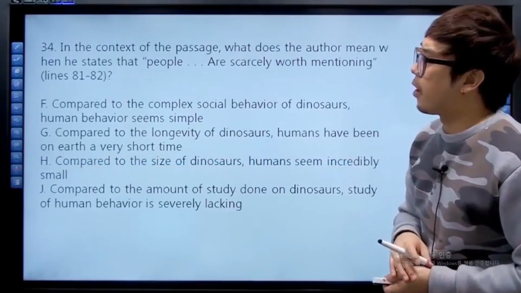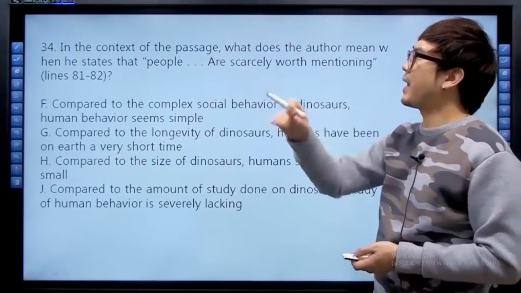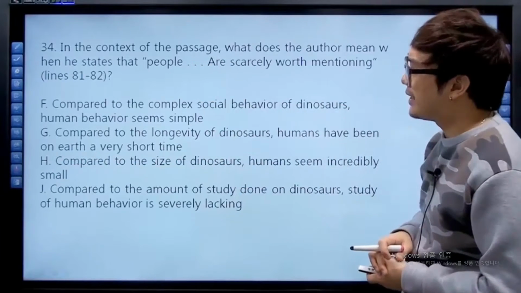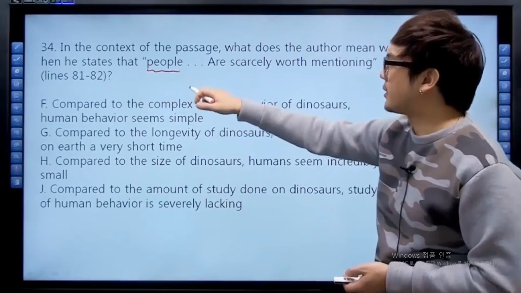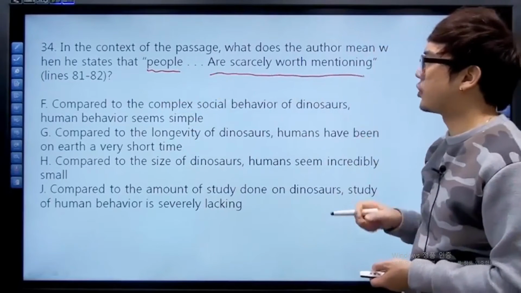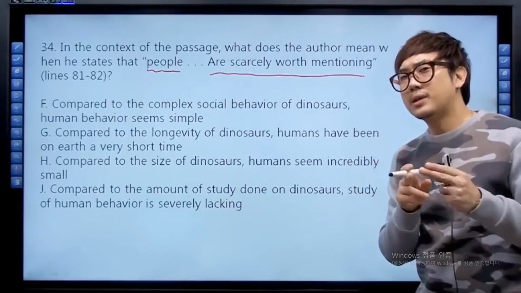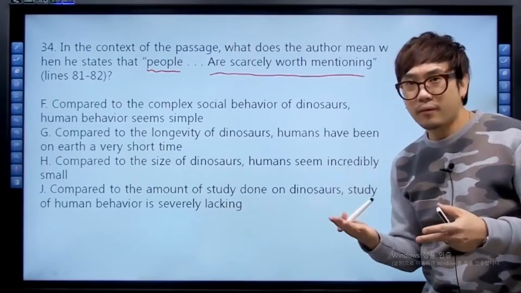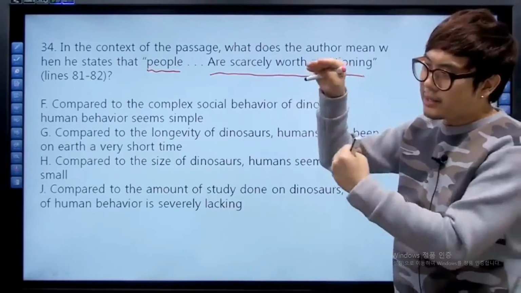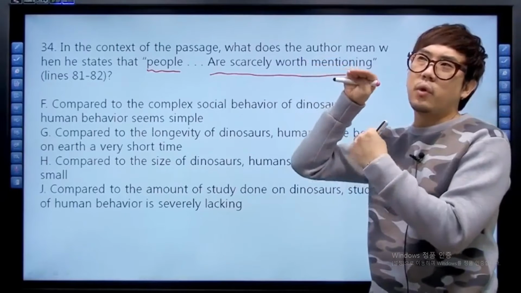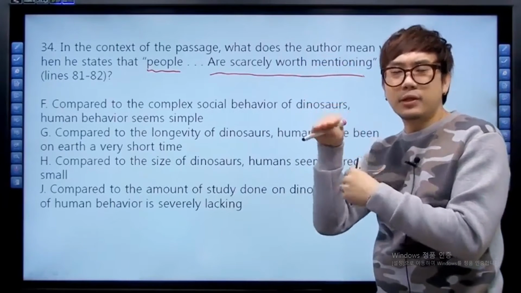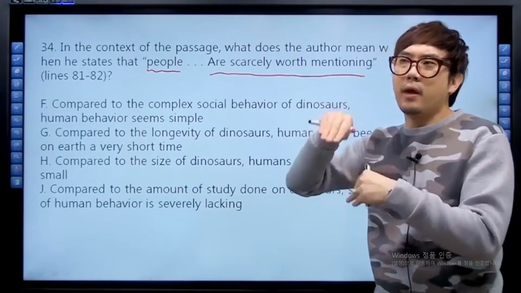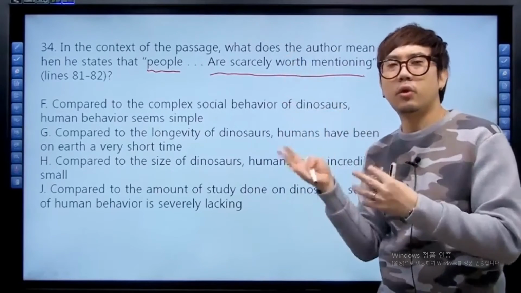Let's go to 34. In the context of the passage, what does the author mean when he states that people are scarcely worth mentioning? Now you already know this line because you've sort of read it, right? We were talking about how the dinosaurs went extinct, but prior to the extinction, they were dominating the earth for so long.